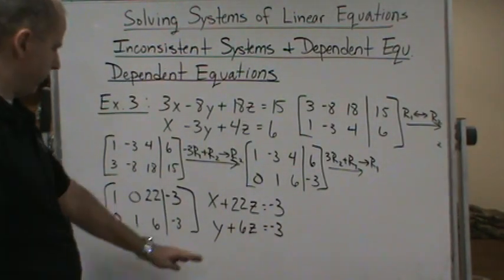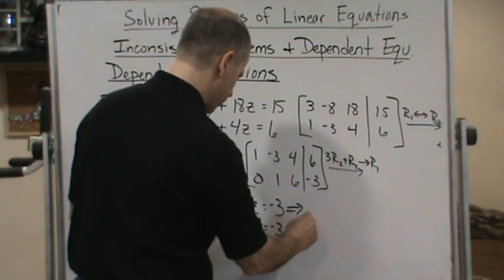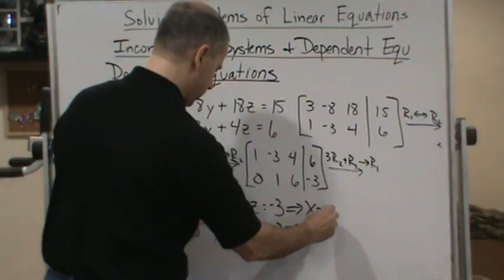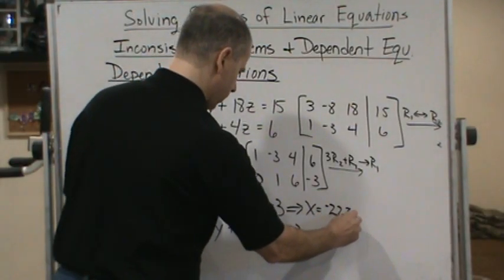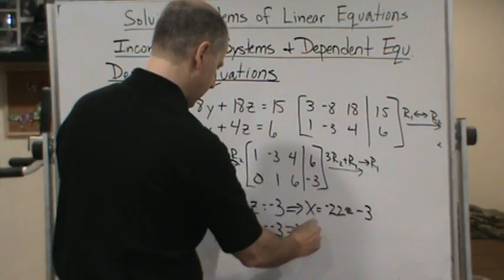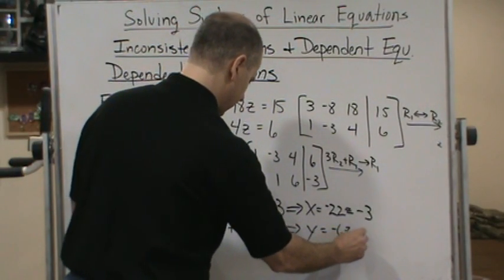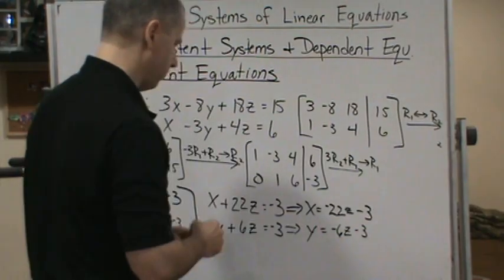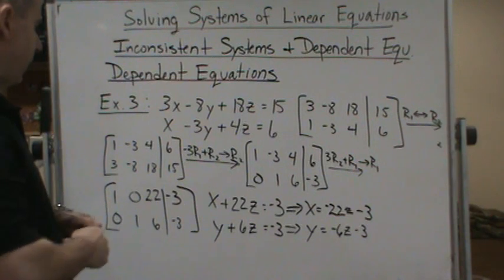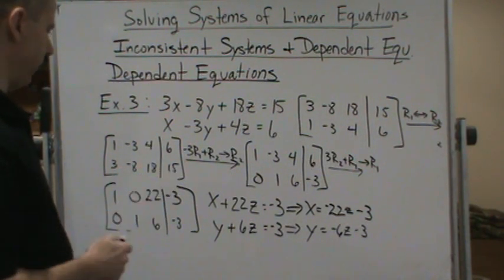Now all we have to do is just solve each one for x and y. So this is going to give us what? X is equal to negative 22z minus 3. And y is equal to negative 6z minus 3. And then, of course, z is free to be any real number.